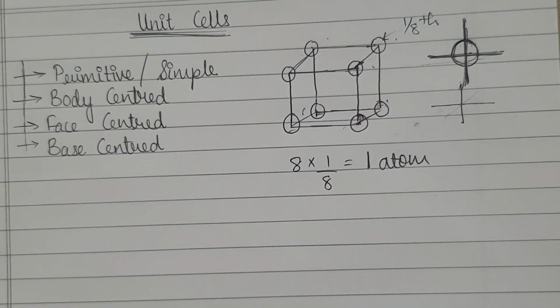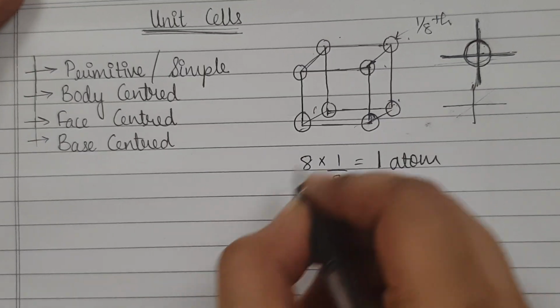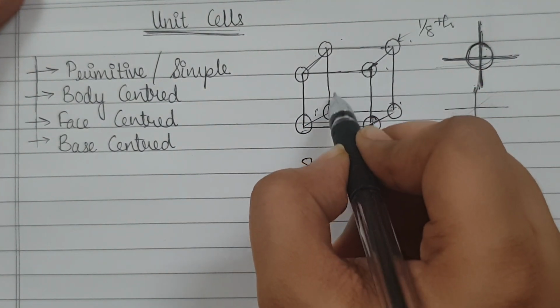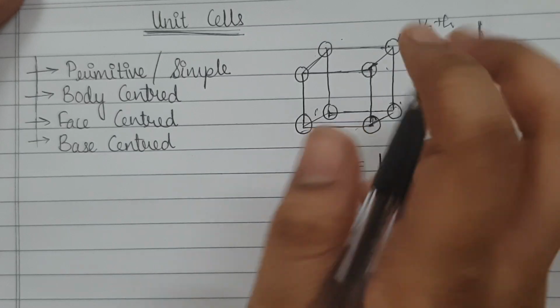Okay, now you have body centered. What is there in body centered? ये जो हमारा cube है simple वाला, उसके बीच में एक और atom add कर दो.